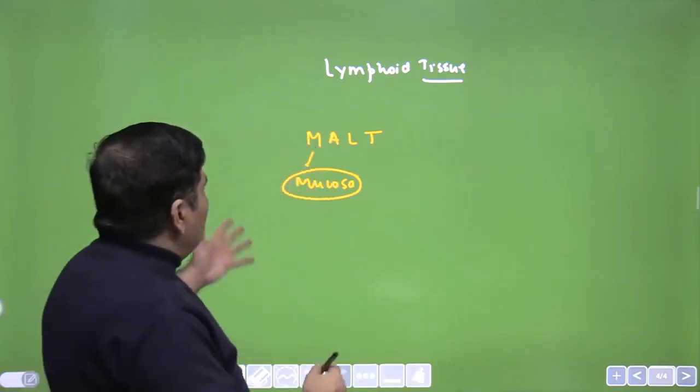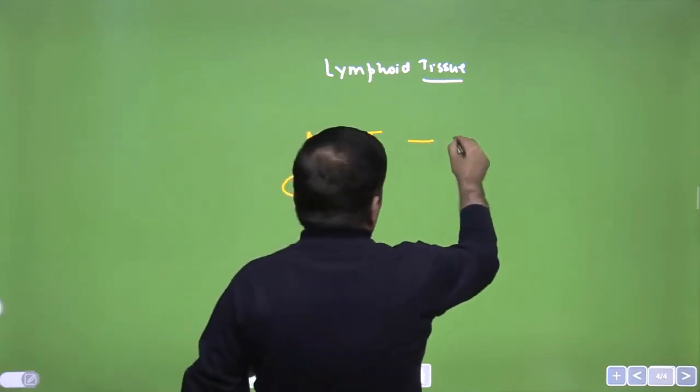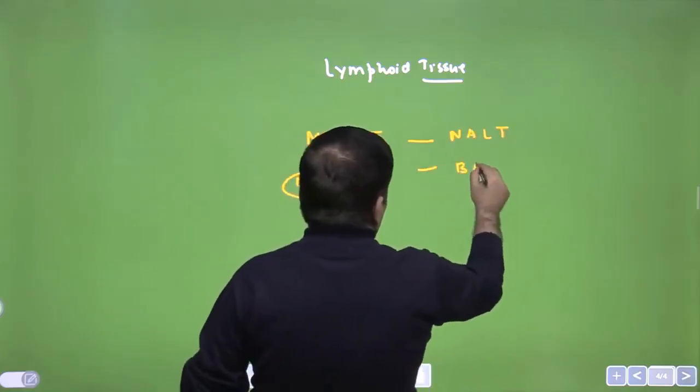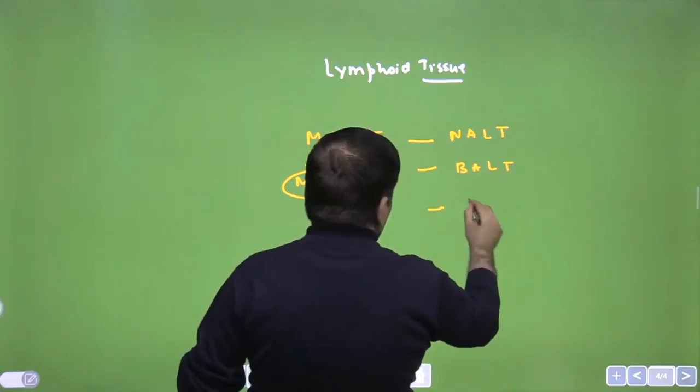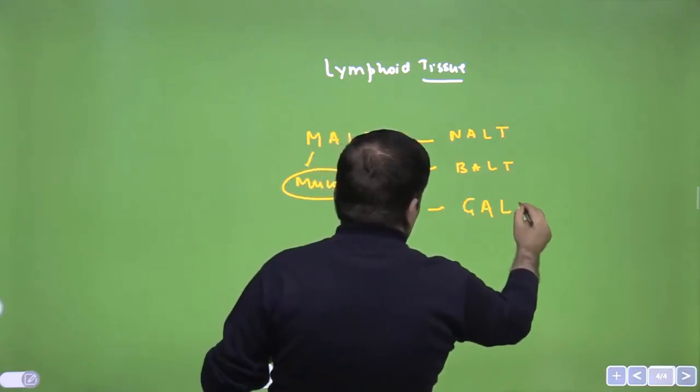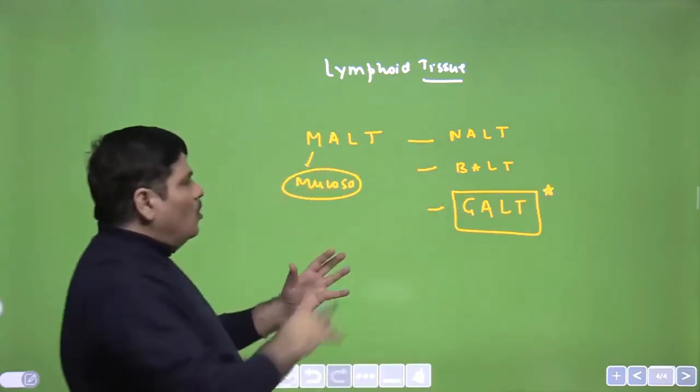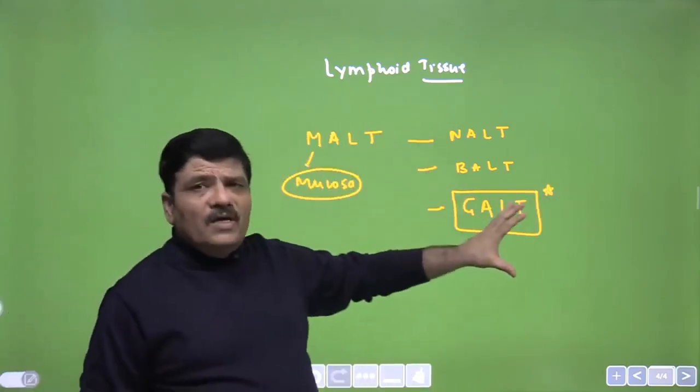So just to give you an idea, there can be nasal associated lymphoid tissue, there can be, say for example, bronchus associated lymphoid tissue, there can be, this is important, gastrointestinal associated lymphoid tissue. So a large number of subclassifications of MALT can be present.